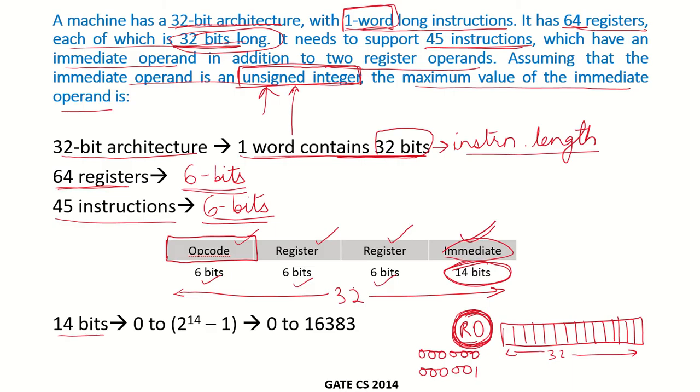With 14 bits, we can specify numbers ranging from 0 to 2 to the power of 14 minus 1. That means the maximum value of the immediate operand would be 16383.